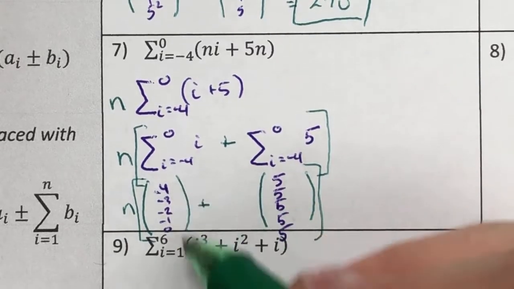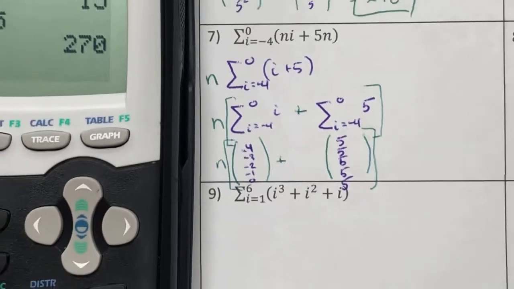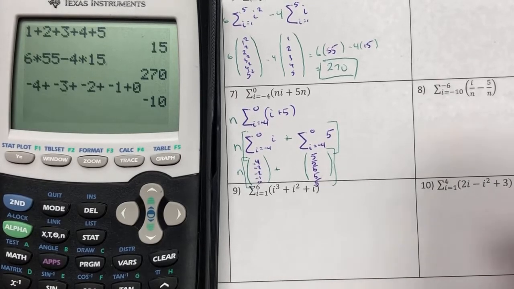Awesome. So this sum right here is going to give us a grand total of, let's take a look, negative 4, negative 3, negative 10.